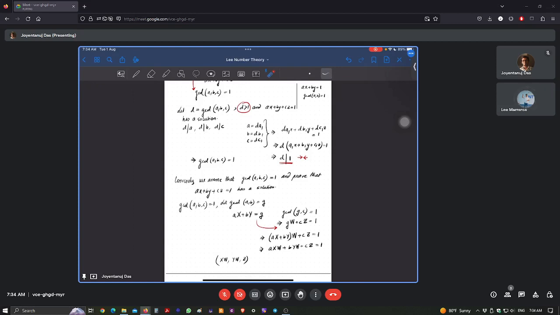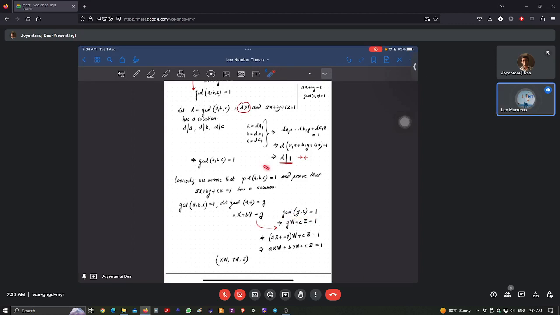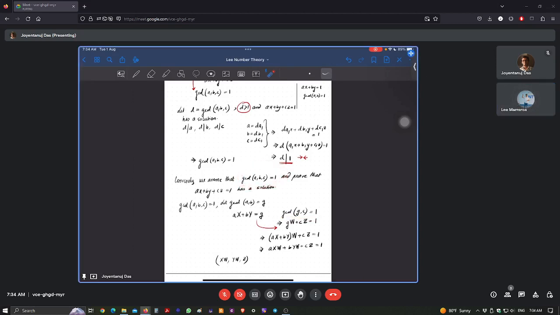Since the total GCD of the three quantities is 1, the GCD of G and C has to be 1, otherwise this would be violated. So again using the Euclidean algorithm, I know that there exist W and Z such that this happens.